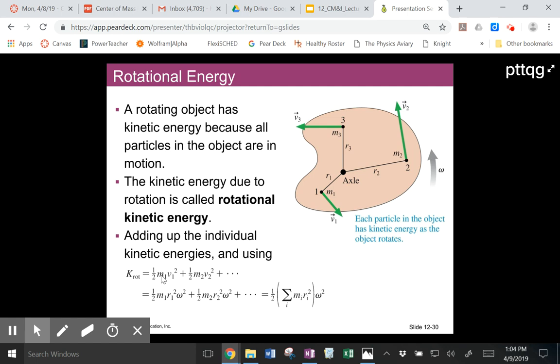And so when I square it, I end up with r squared omega squared. For all points on this thing as it rotates, they're going to have the same omega, so I'm factoring that out. And so what I'm left having to do is sum mr squared for every particle that makes up this disk. Every little itty bitty particle has some mass and is some distance r away from the axis of rotation. And so the name that we give to this sum is the moment of inertia.